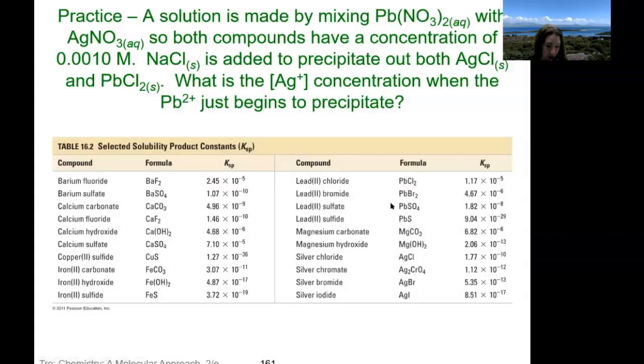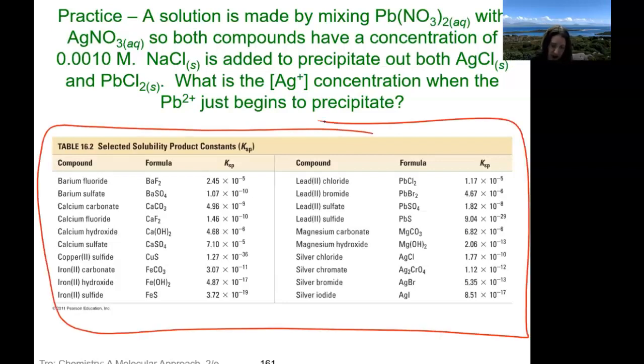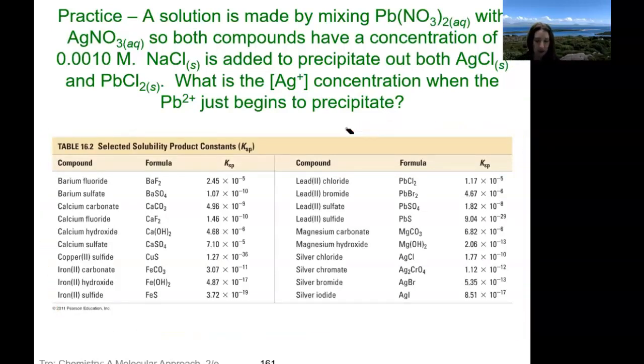Okay, so now, a lot of times when we're doing these problems, people are like, oh, I don't know, which one should I use? That's where this little KSP table comes in. It's kind of a handy dandy table. So this is the same type of problem. I just didn't give you any KSPs this time. Okay, so a solution is made by mixing lead 2 nitrate with silver nitrate.